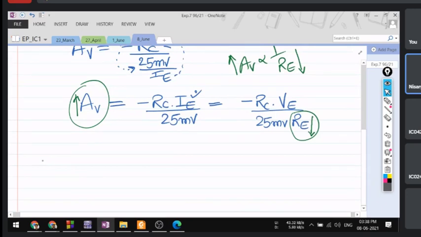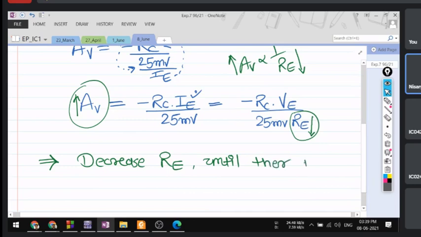But the thing is, after some value of RE, decrease the value of RE until there isn't any distortion in the output.